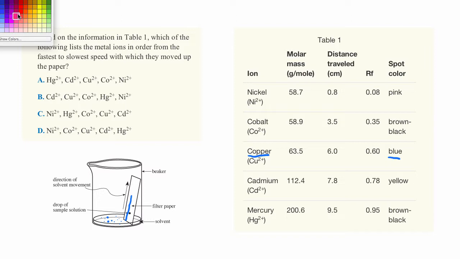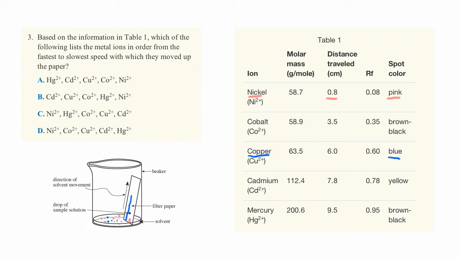So if we consider copper maybe went that far, if we look at another ion, for instance, nickel, which they tell us was a pink colored ion, this also started in the solution just like copper did, but instead of traveling 6 centimeters, this only traveled up 0.8 centimeters. So went a very small distance.